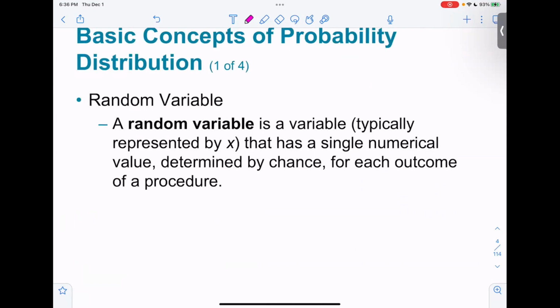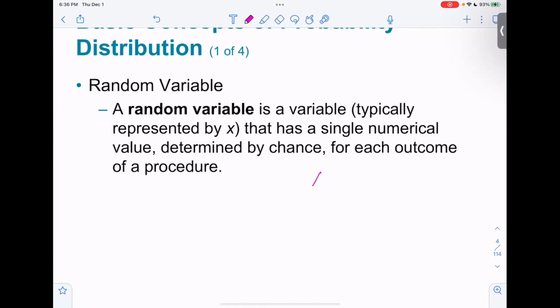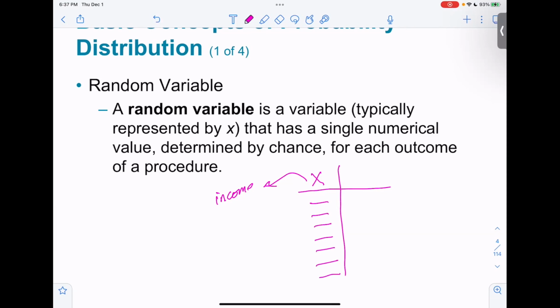So now when we study the variable, the variable x might be any variable you are interested in, like, for example, the income. So this might be income, and each single value here will be an observation.